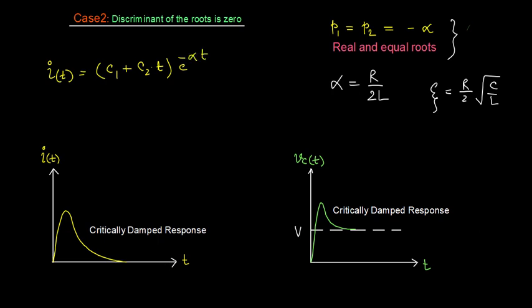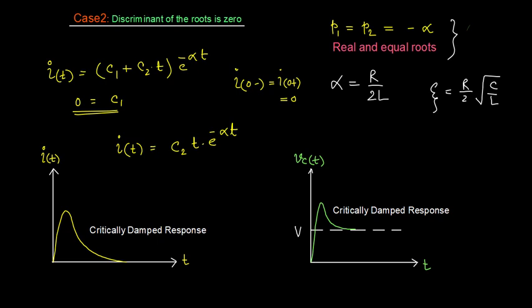From the initial condition, that is I0 minus equal to I0 plus equal to 0, we have 0 equal to C1. So C1 comes out to be 0. So finally i(t) can be written in this form: C2 times t into e to the power minus alpha t.